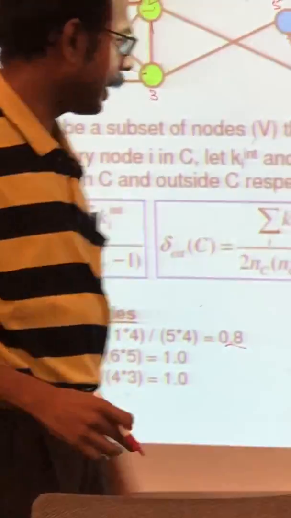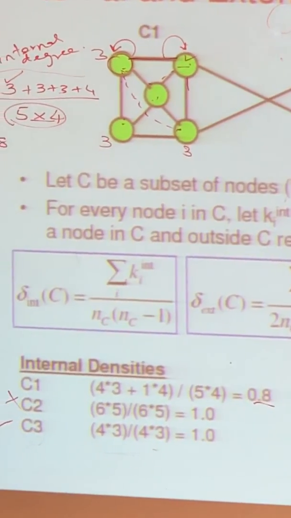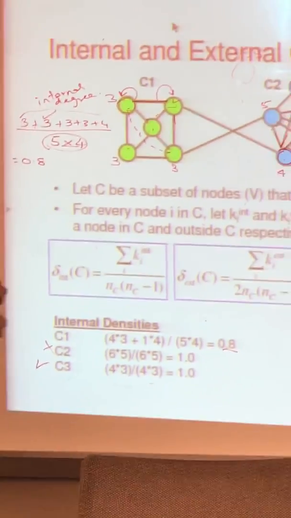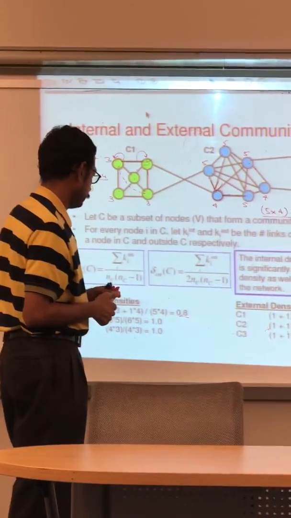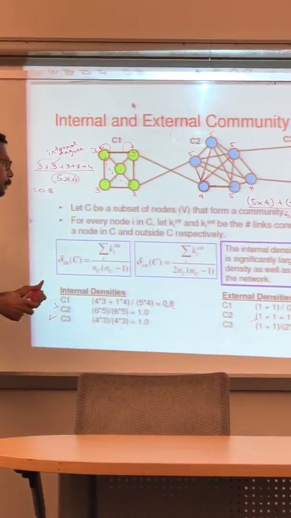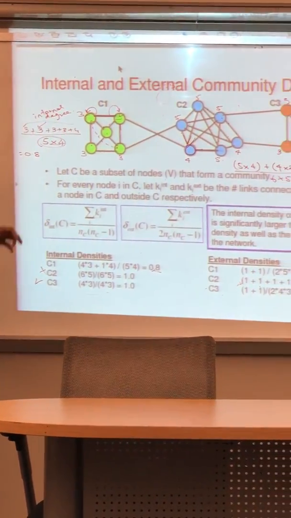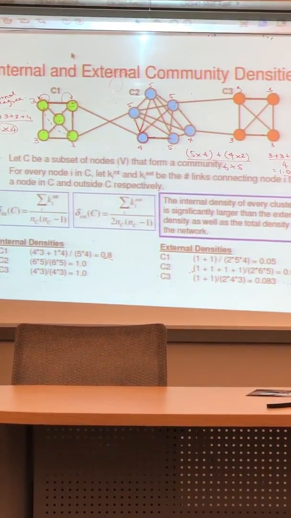So that is internal density. So same thing with external density. So external density, let us wait for this cluster. So what is internal density? What is external? The lines which are connected to outside. Yes, so that's external.